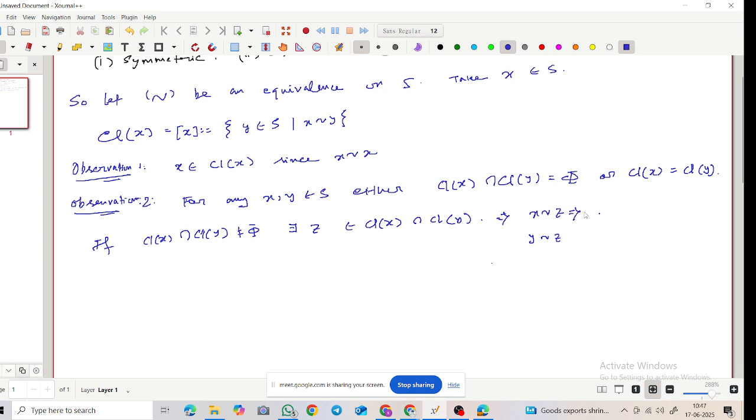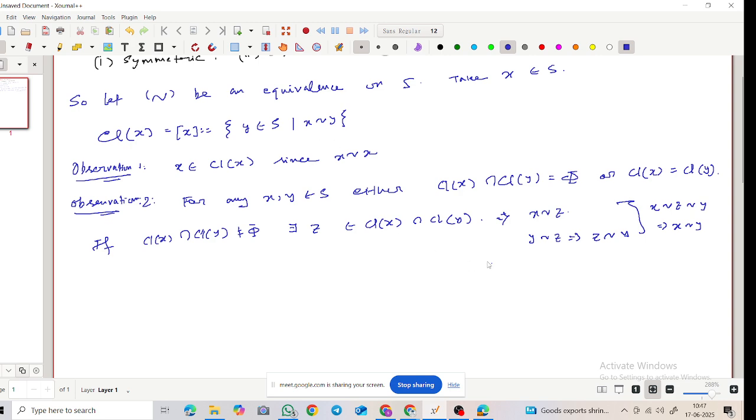But what does this say? This says that z is related to y, because this is a symmetric relation. So now you have x related to z related to y, which means x related to y, because the relation is transitive.